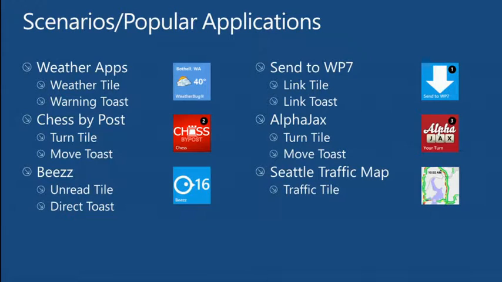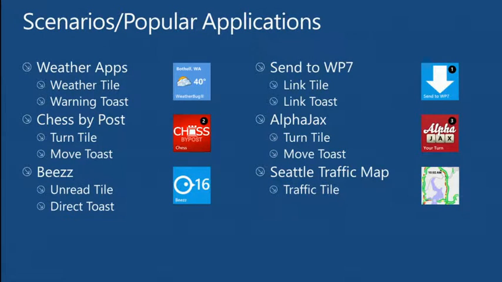The developer in this case, rather than forcing you to open the app to see the map of what the traffic currently looks like around Seattle, you just turn on your app, and every so often the tile updates with the current traffic conditions. So it's an interesting way of letting the end user get an idea of, around 5 o'clock, they start thinking, when should I be thinking about leaving for home? What's the traffic look like?